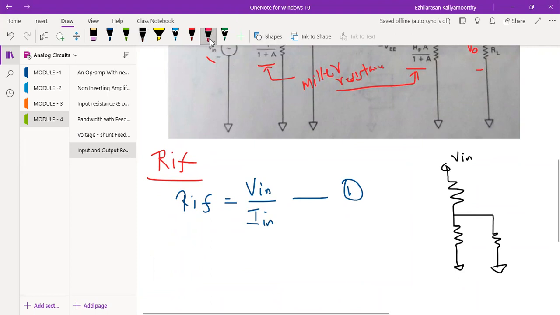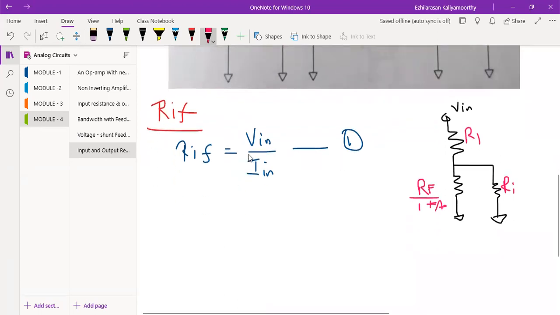Here this will be your R1, this will be your RF by 1 plus A, and this will be Ri. Now, seeing from the input, the RIF is equal to R1 plus RF by 1 plus A. These two are in series.